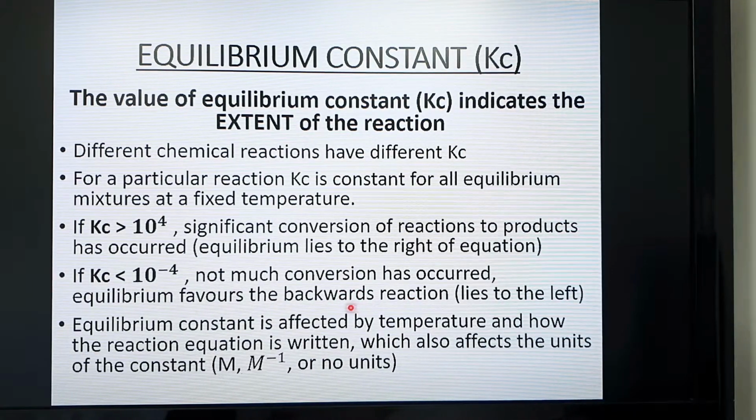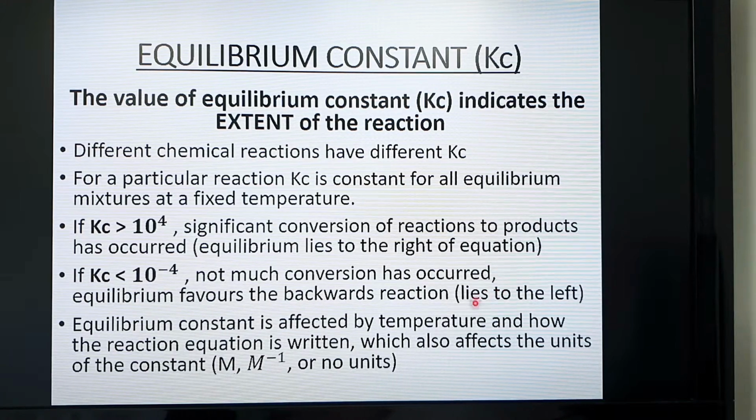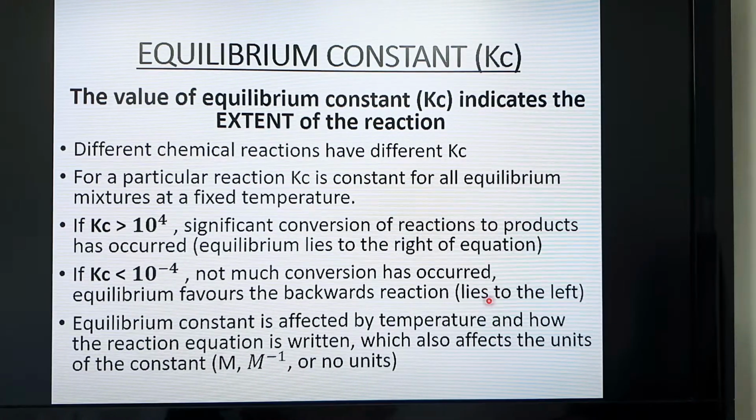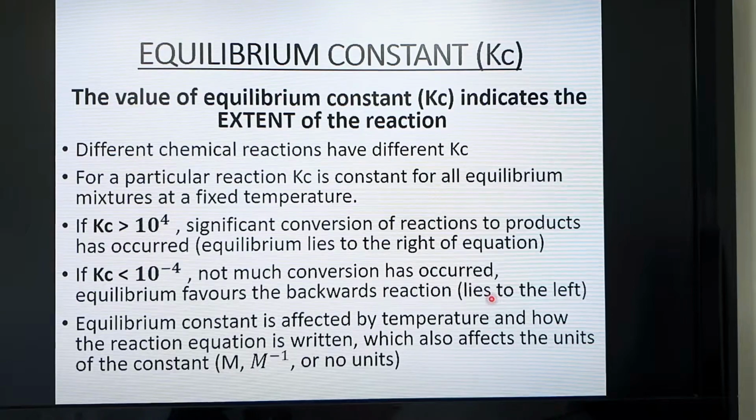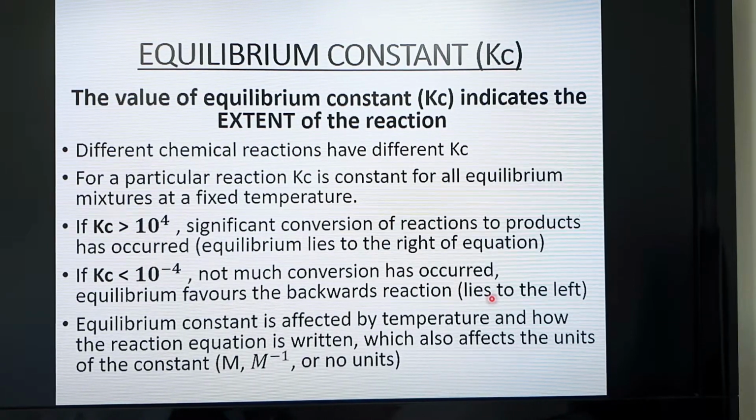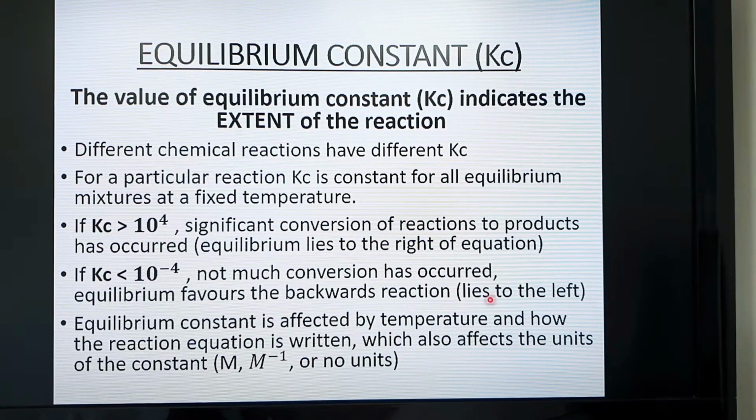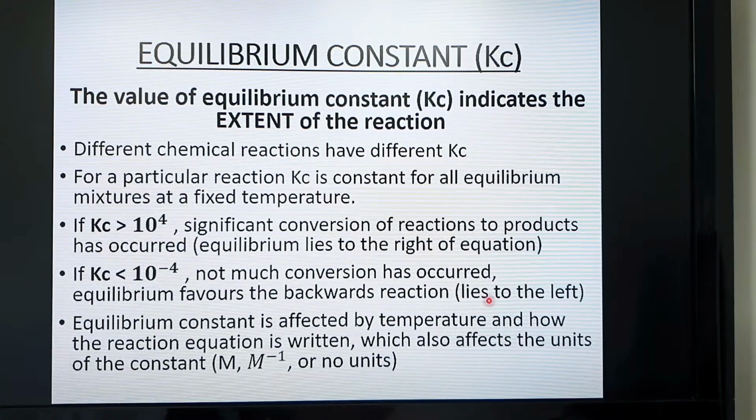So if it favors the backwards reaction, the equilibrium lies to the left. And if we get any value in between, then we say that the equilibrium doesn't favor either side of the reaction at all. There's no favoritism going forwards or backwards. You probably get a very good mixture of the products and the reactants.